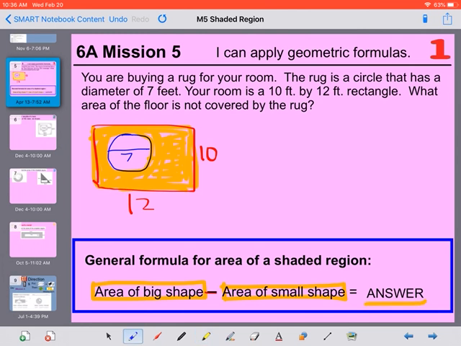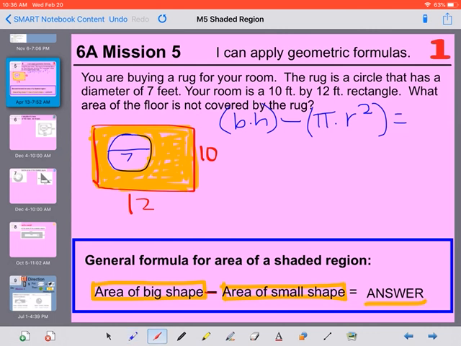So the area of our big shape, it's a rectangle, so we have base times height, and we're going to end up subtracting from this the area of a small shape, and the area of this shape is pi times the radius squared. Pi r squared will give us the area of a circle. That will give us our answer.